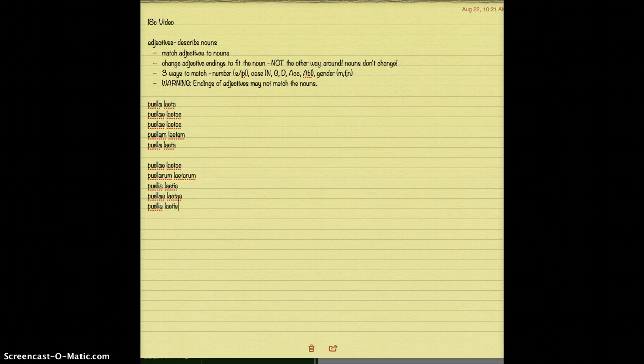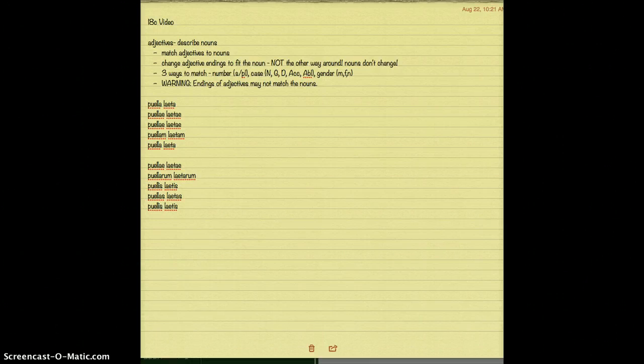Okay, so these are nice and easy. They look the way that the noun does. So you know in a sentence that they match each other. Because of course you can't always depend on word order to tell you that this adjective goes with this noun because it's before or after it. It doesn't always work that way.